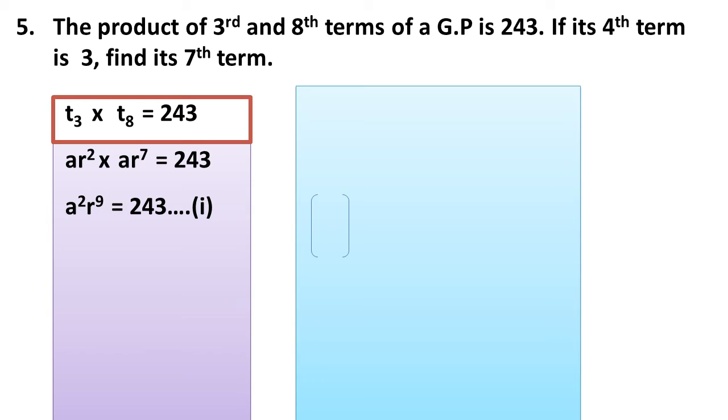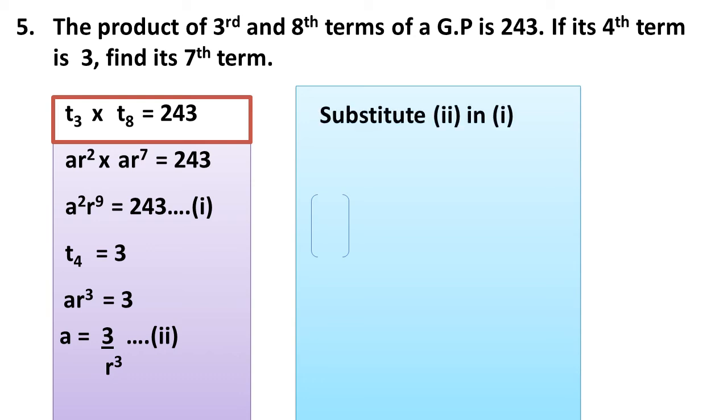Consider the second result, that fourth term is 3, that is T4, A into R to the power of 3 is equal to 3. A can be expressed as 3 by R cube. Substitute result number 2 in result number 1, hence A square R to the power of 9 is equal to 243.